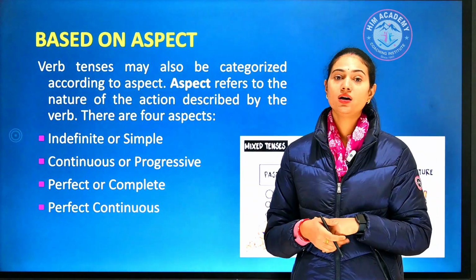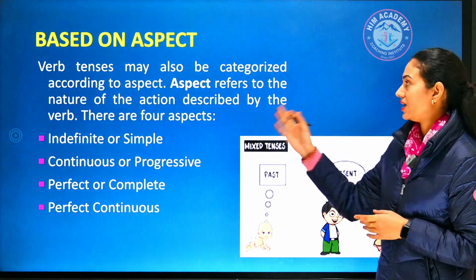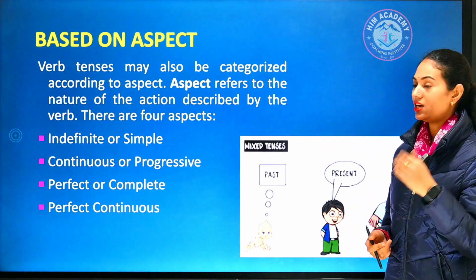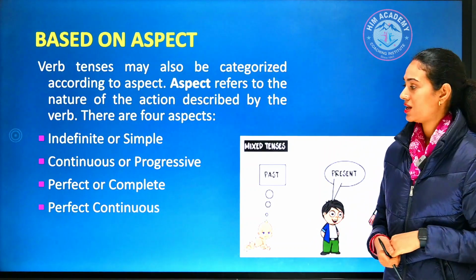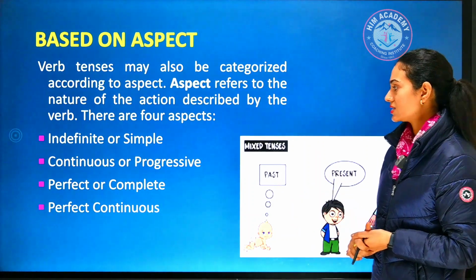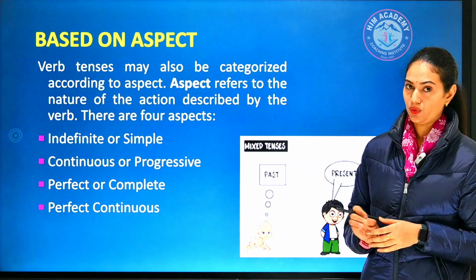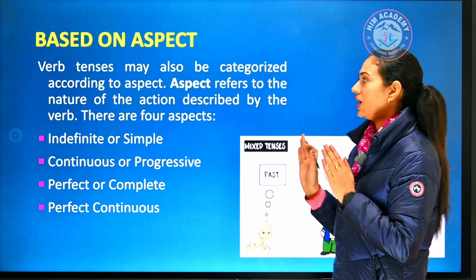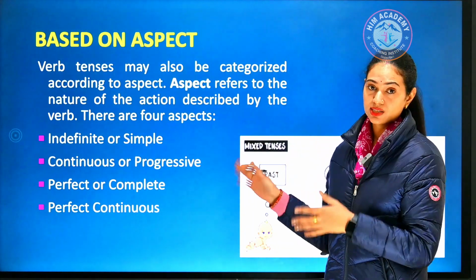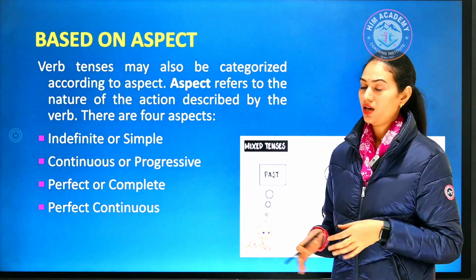When an action is described in a different nature or form, that is based on aspect, and we have four tenses on that basis: indefinite or simple tense, continuous or progressive tense, perfect or complete tense, and perfect continuous tense. These are the four tenses based on aspect. In these tenses, the verb indicates the nature of its action.